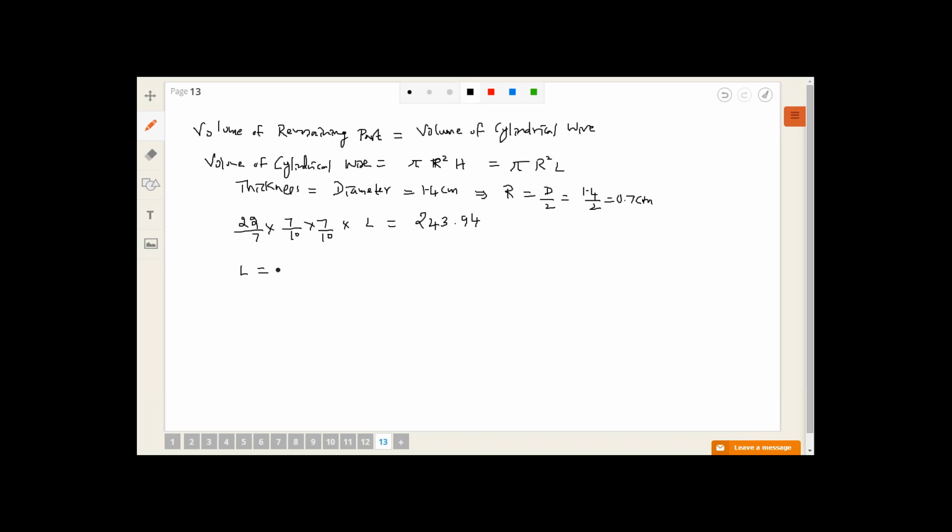So solving for L, we get 243.94 into 7 into 10 into 10 divided by 22 into 7 into 7. So solving we get 158.4 centimeter. So the length of the cylindrical wire after it is recasted from the remaining part will be 158.4 centimeter.